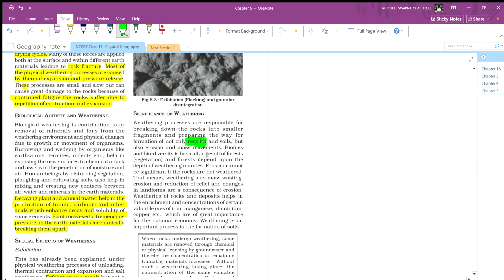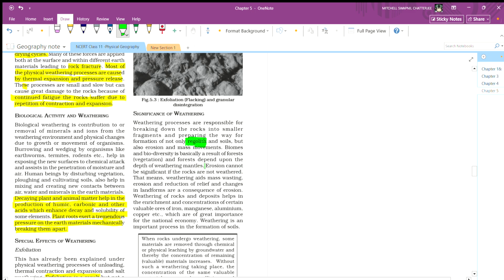Biomes and biodiversity are basically a result of forest, and the forest depends upon the depth of weathering mantles. Erosion cannot be significant if the rock is not weathered.